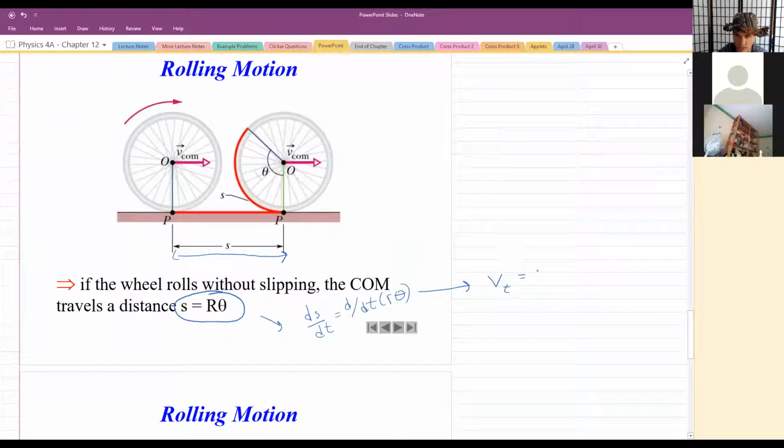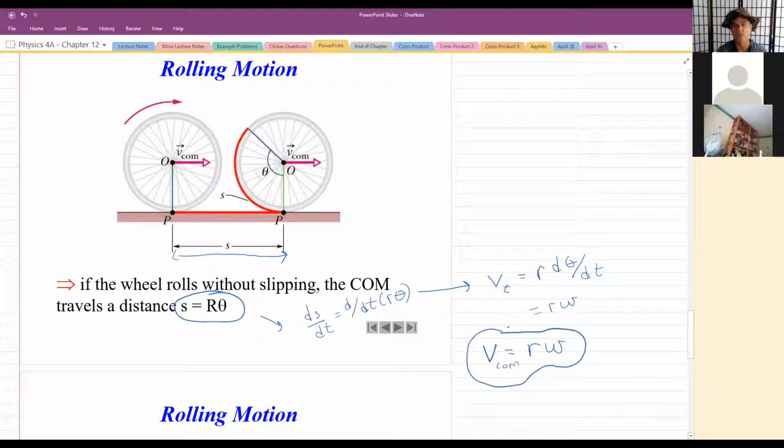And since r doesn't change, we get r d theta dt, which is really just r omega. So the speed at which the center of this wheel is moving is related to the speed at which it's rolling in terms of radians per second. So the speed of the center of mass of the wheel is related to the speed at which the wheel is rolling.